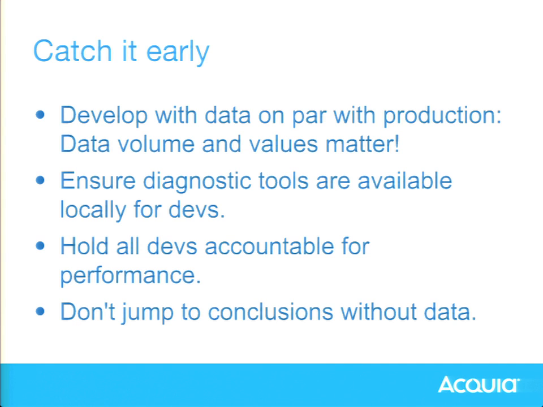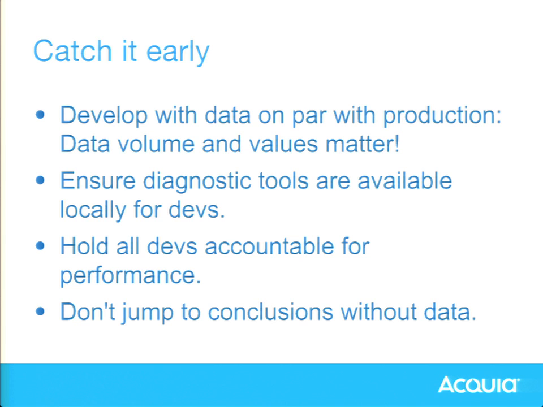Some of the ways you can do this is by making sure that you have tools available to everybody on their local environments. For example, XHProf. All your developers should be using things like devel query log, things like that. And you want to hold all of your developers accountable for performance in the code that they write.